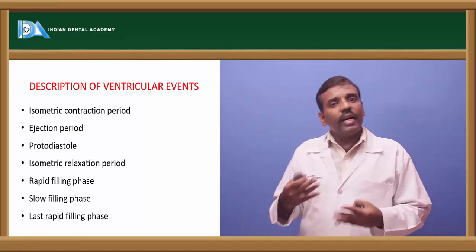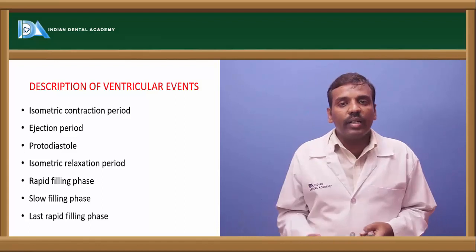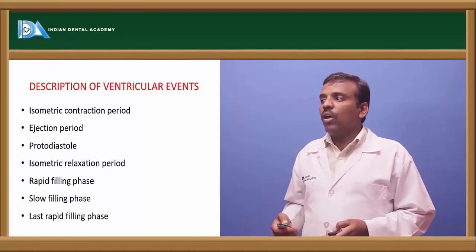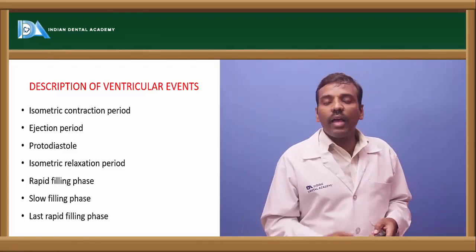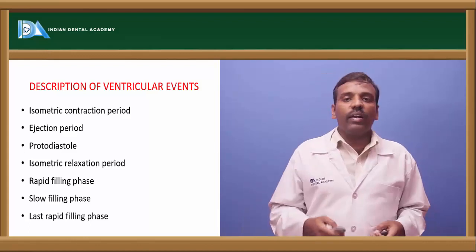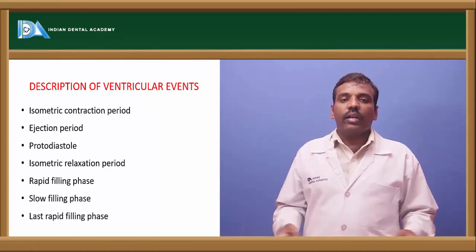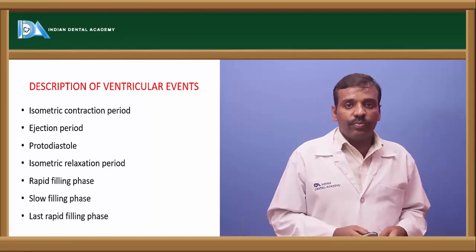So it starts with the atrial systole and immediately isometric contraction, ejection period, protodiastole, isometric relaxation, and next rapid filling, slow filling, and the rapid filling with the atrial systole.